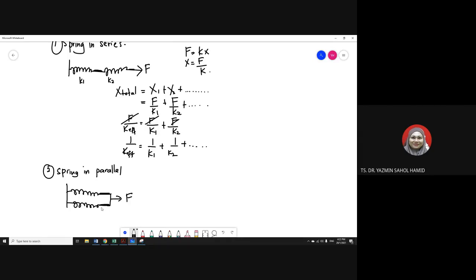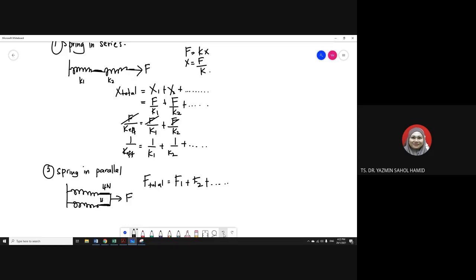For this, the F total is F1 plus F2 and so on. It's different. For series, the spring shares the force F, but for spring in parallel you have to add the forces. If here is 4 Newton and here is 4 Newton, the total F will be 8 Newton.